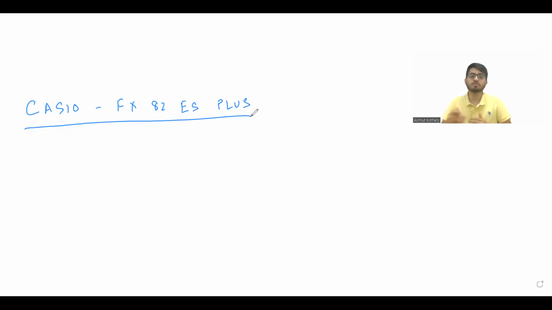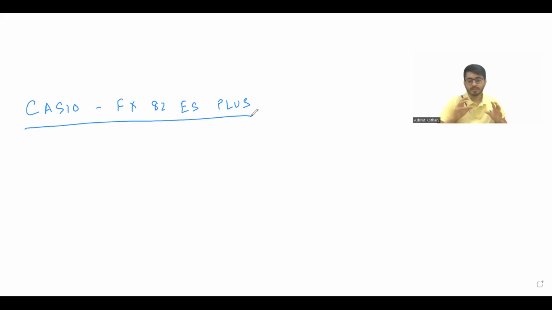In case you want to perform certain higher level calculations, given that the exams are open book in nature, you could always take the help of Google. So for our purpose in the class, we would be referring to this particular calculator. Those who haven't bought this, please do get this as soon as possible. This was regarding the calculator requirement.